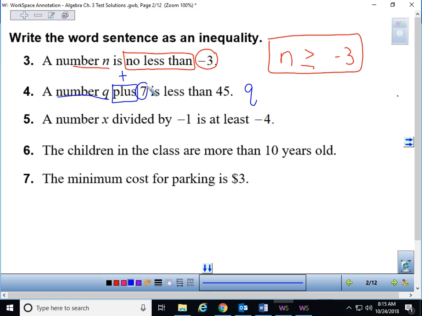Plus 7 is less than, well, less than is an inequality symbol. Less than what? It's less than 45. So I'm going to read left to right. A number q, plus 7 is less than 45. This right here is your inequality statement.